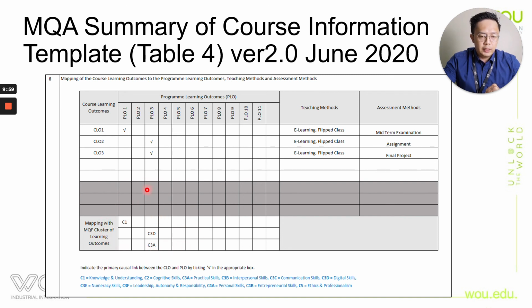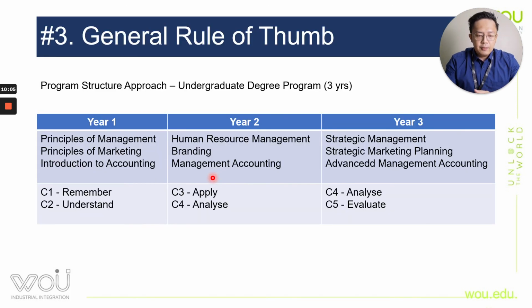So that is why it is very important for you to carefully identify the level of learning that you want to set for your students, so that you can show a clear differentiation between the year 1 subject, year 2 subject, and year 3 subject.